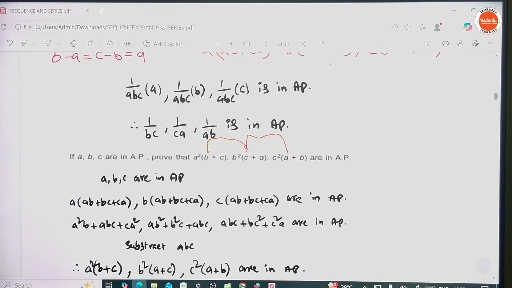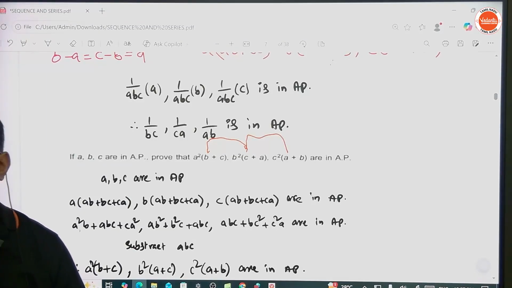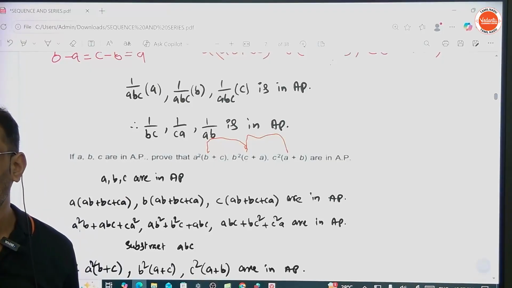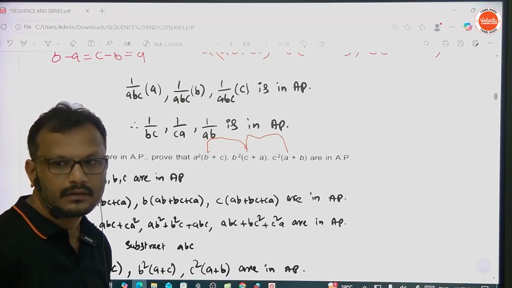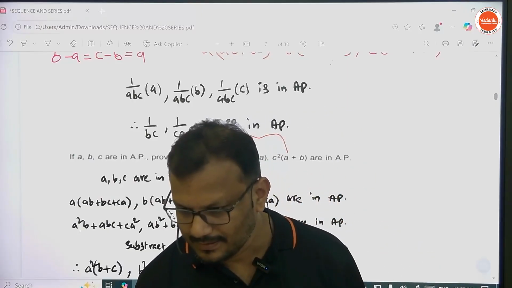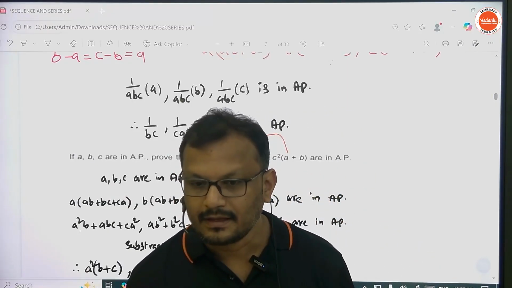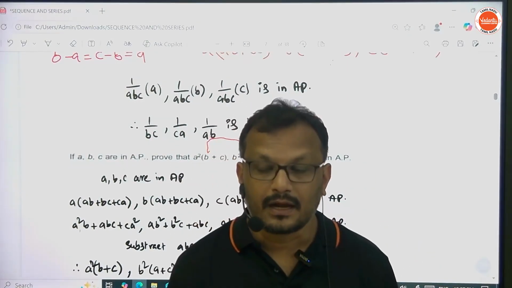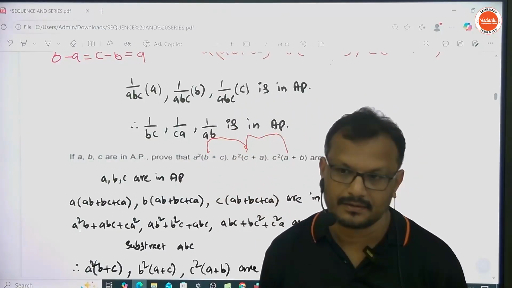So, how many of you are from state board? All are state board only? State board, huh? CBSE? CBSE. Okay. Any other boards? What all boards we have? I see. In that booklet, these models will be there.